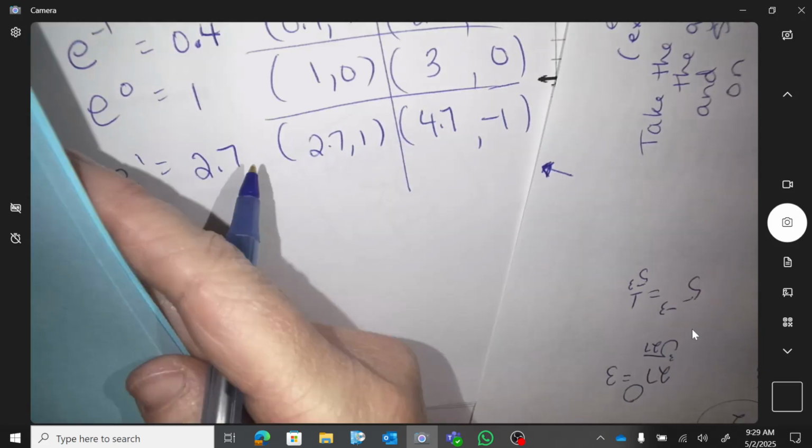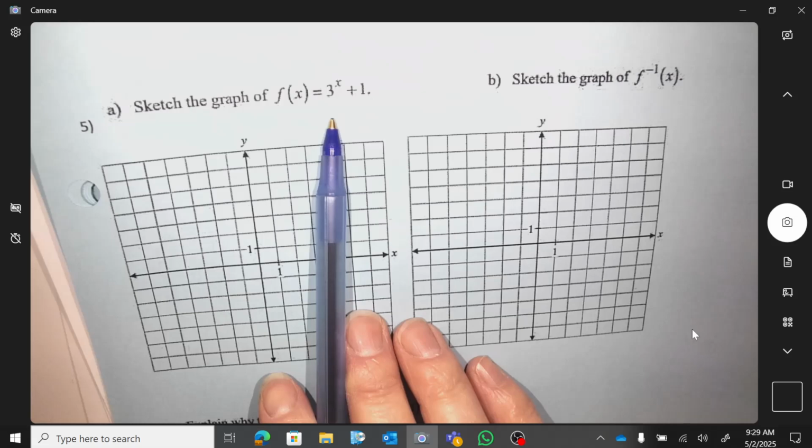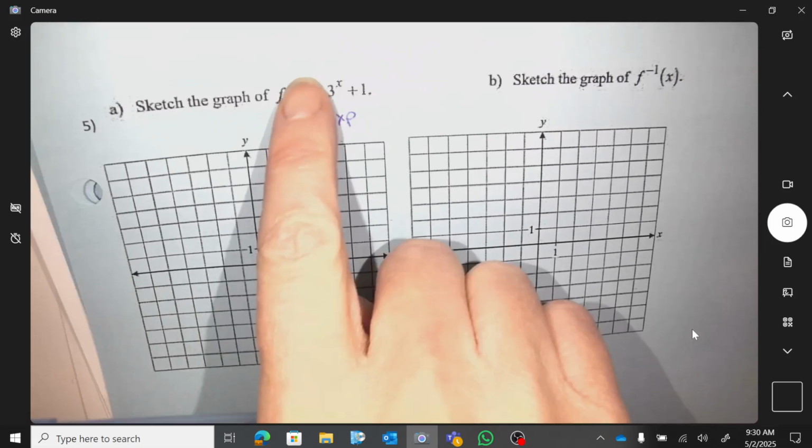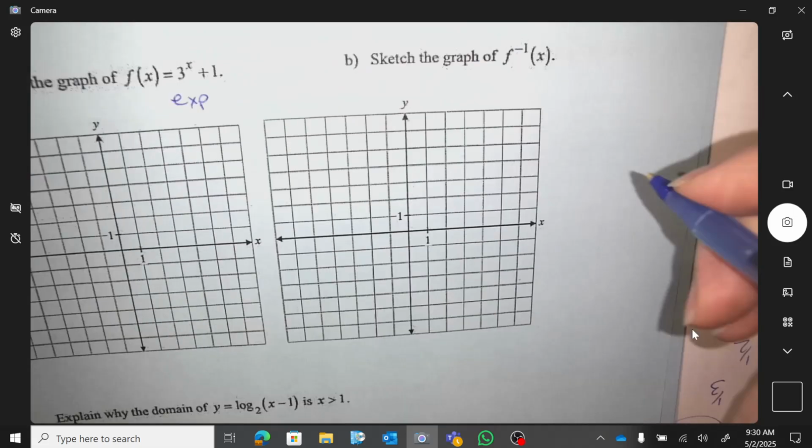Okay, so on page 5, what kind of graph is this here? What style of graph would this be? Exponential. So you're going to figure this graph out on your own. But then it says to graph the, and what does this symbol mean?